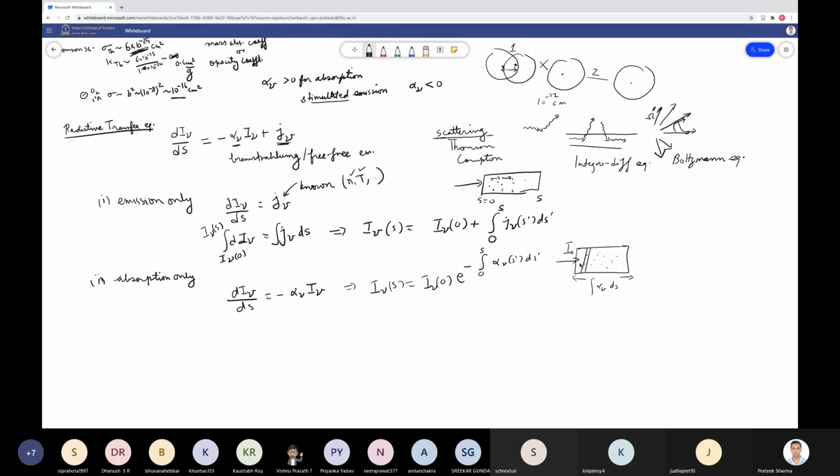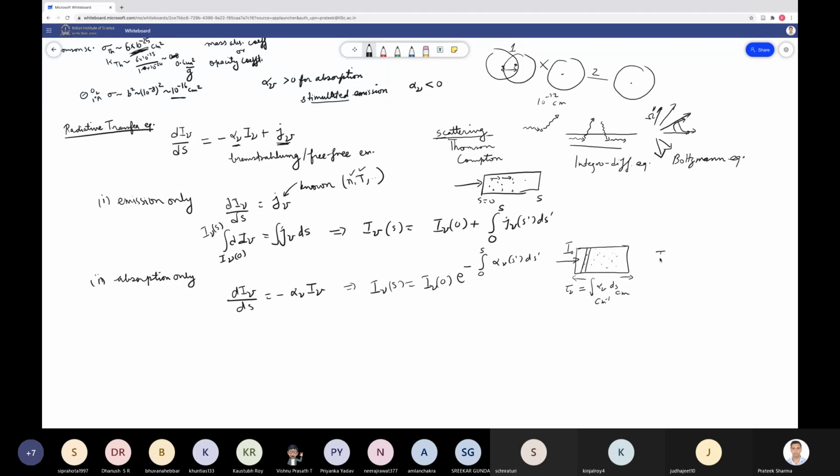So there is just an exponential suppression because of this factor. We'll come to this later; this is called optical depth, tau nu equals alpha nu ds. This is dimensionless because alpha nu is per centimeter and ds is centimeter. So this is a dimensionless measure of a medium.